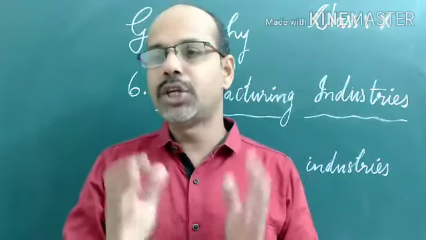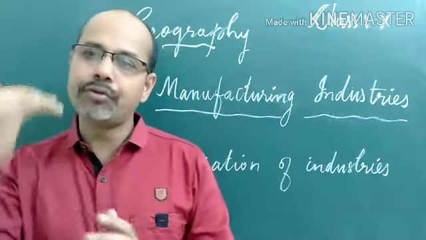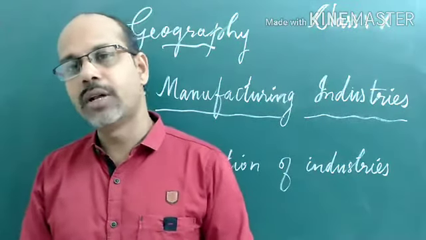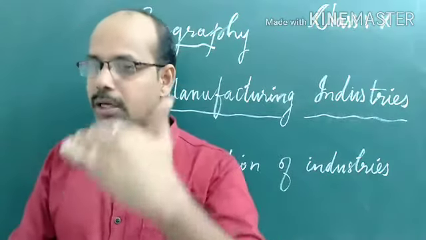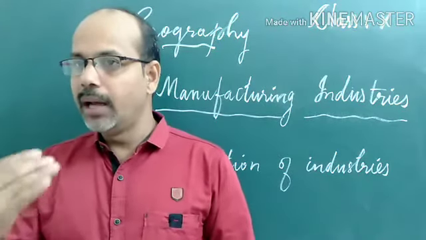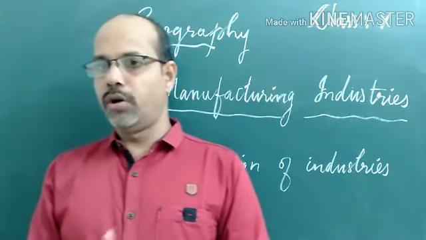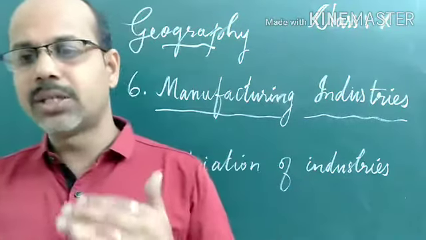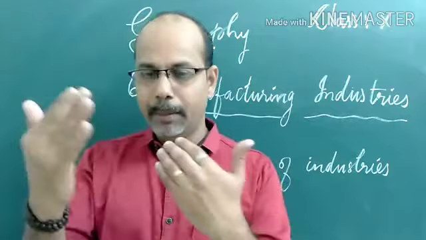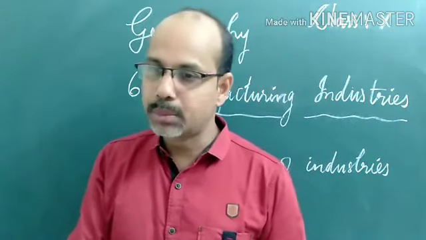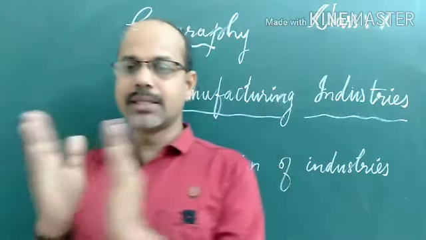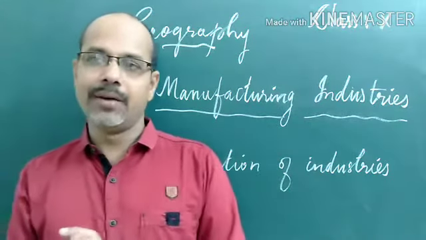For the establishment of an industry, the amount of money invested limits a small-scale industry to up to 1 crore of rupees. If any industry needs below 1 crore of rupees for its establishment, it is called a small-scale industry. That is on the basis of capital investment.